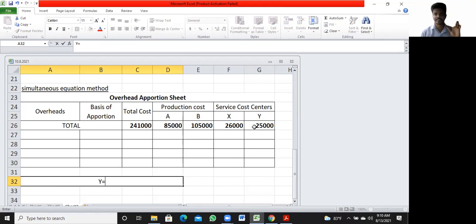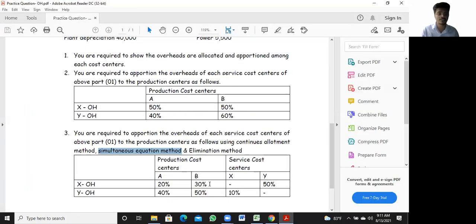Agreed? And in addition to that 25,000, Y receives 50% of the total cost collected in X. I am telling that other than that 25,000 which we directly identified as the cost of service center Y, it has another 50% of the cost of service center X. Agreed?